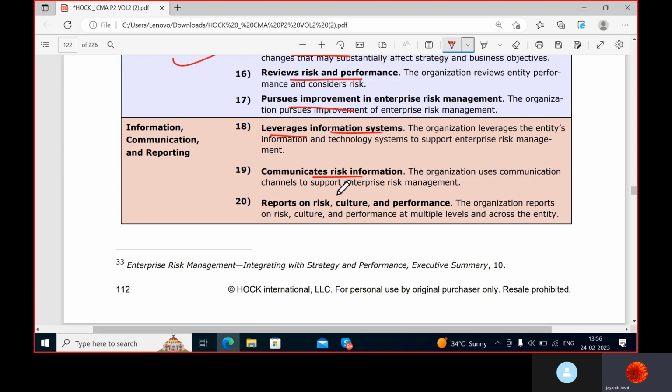Information has to be communicated, and then the reports have to be made, and have to be secured. So reports on risk, culture and performance have to be made. That comes under the reporting part. The organization reports on culture, risk and performance at multiple levels and across the entity.